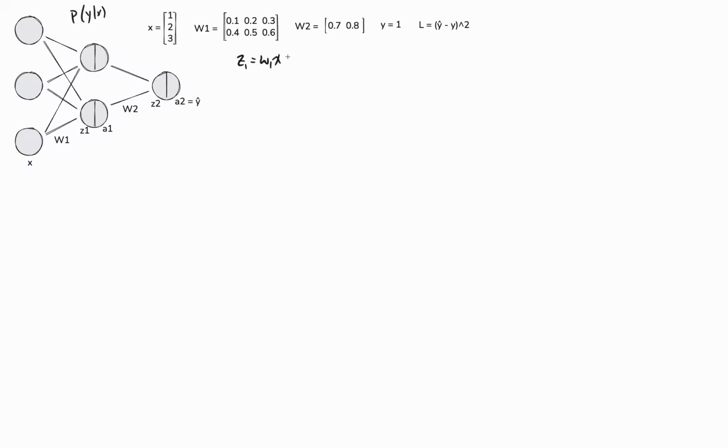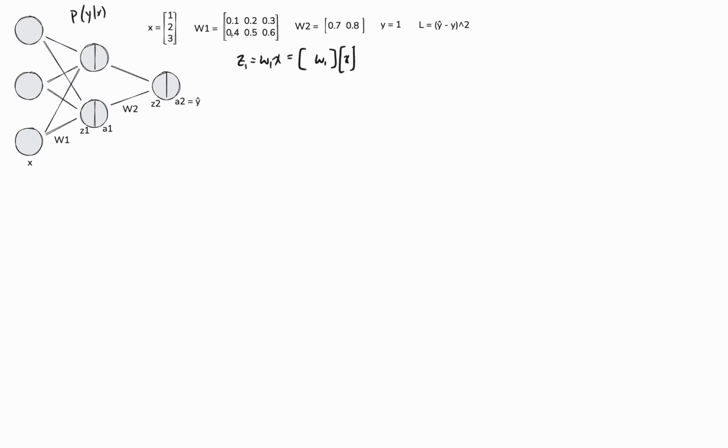So this is going to be the weight matrix 1 times the column vector x, right? Which we have here. We also know that this is a common type of matrix operation in deep learning, where you have a weight matrix left multiplied onto a column vector.